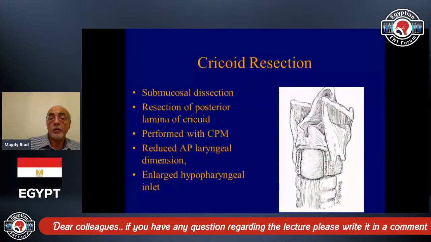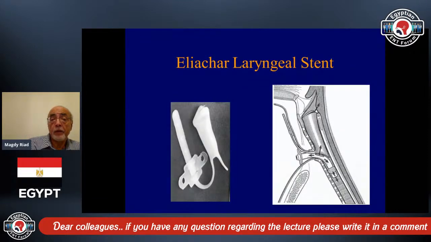But by doing this, you reduce the dimensions of the subglottic space and perhaps improve the swallowing and prevent aspiration. I'm not very fond of this type of operation. It never worked for me. You can also use stents to prevent spillover and allow breathing through a tracheostomy tube. Again, that is an operation that's hardly used nowadays.